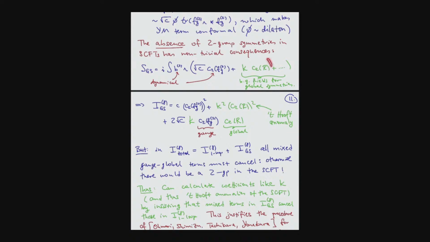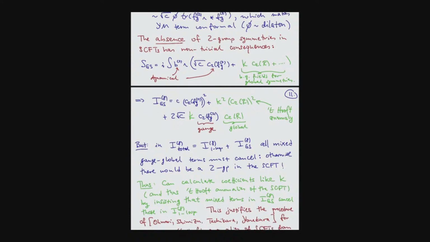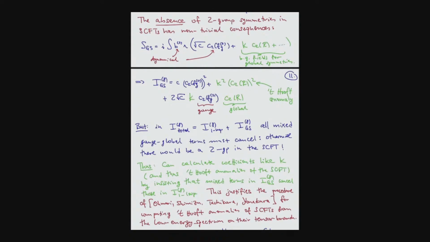So for example, here I've sketched the appearance of a Green-Schwarz term involving the dynamical B and the background instanton density for the SU(2)_R symmetry with some coefficient K. And you can include other such terms here. So these are background fields for global symmetries. And this coefficient K is some coefficient in the low energy effective action that you don't necessarily know how to compute, but it only appears when you turn on background fields.